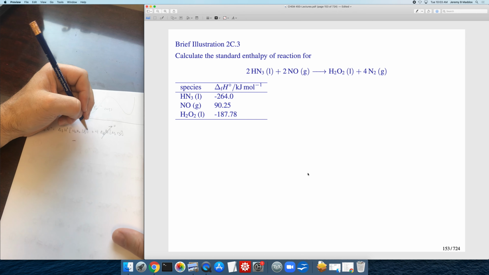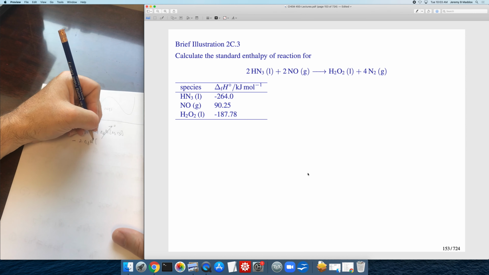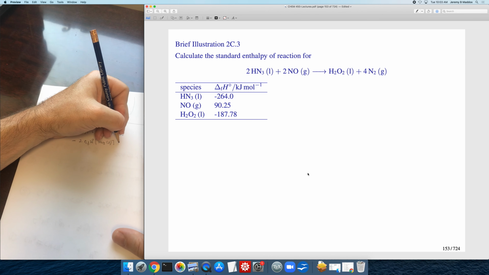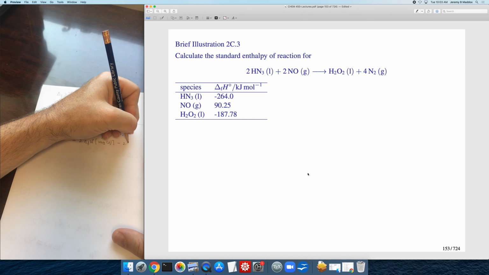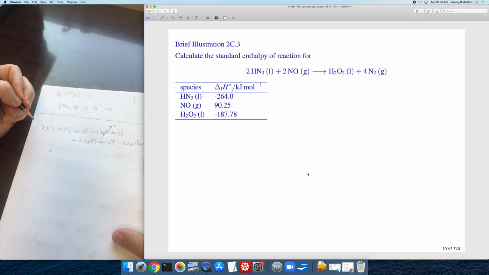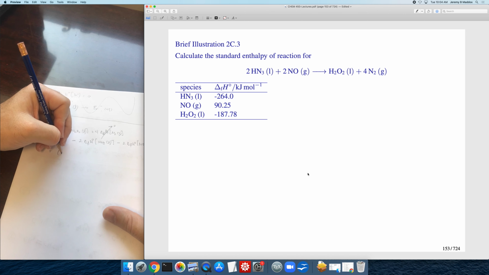And then you subtract off the reactants. Okay, so we look up these values on our thermodynamic table.